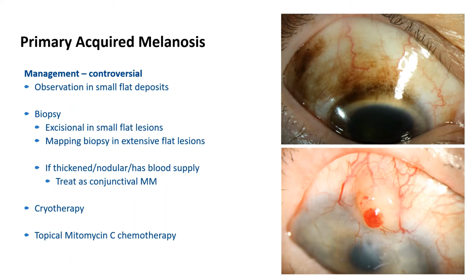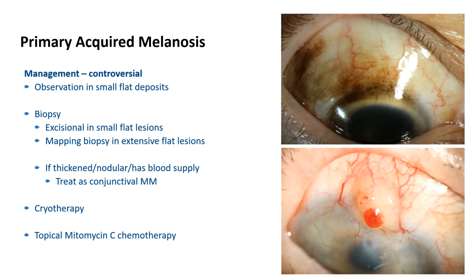If there are areas that look a little more suspicious, we may decide to perform surgery earlier. Sometimes we perform a mapping biopsy, where we take multiple samples across the surface of the eyeball so we can look at all the different areas to see if there's anything suspicious.